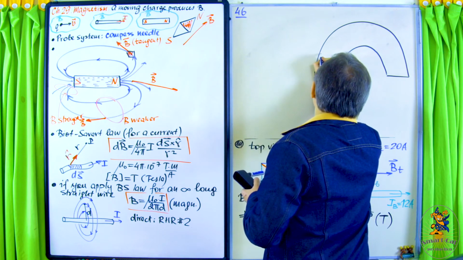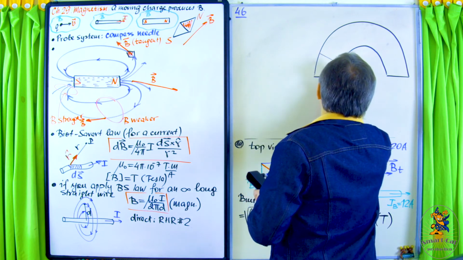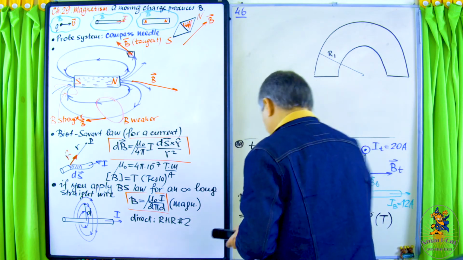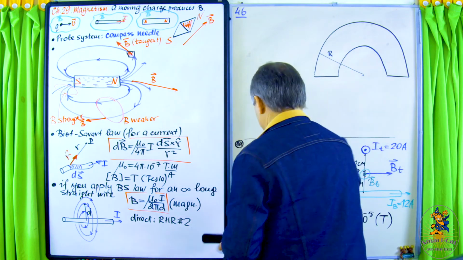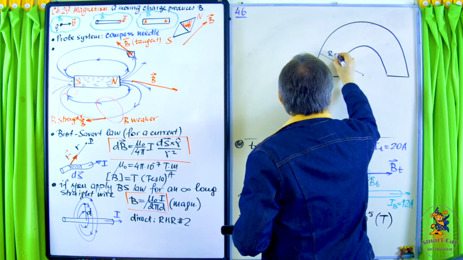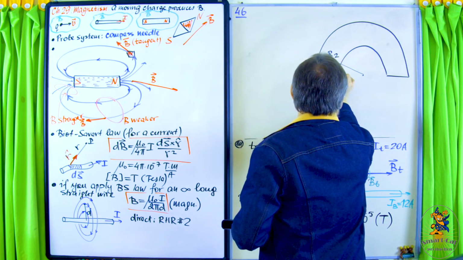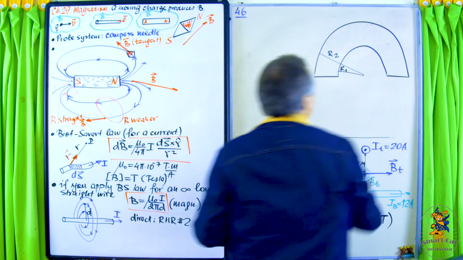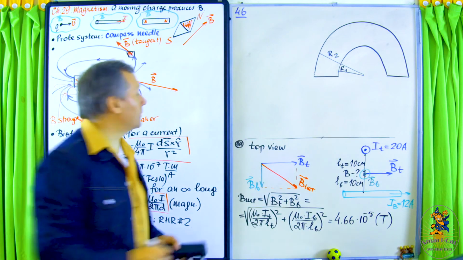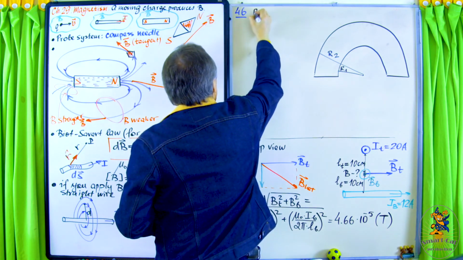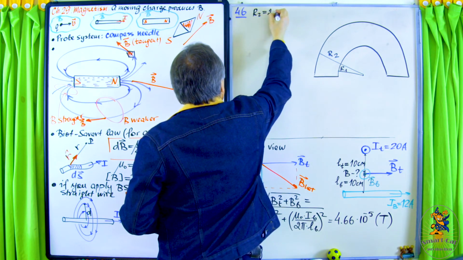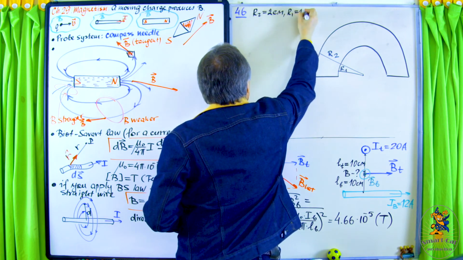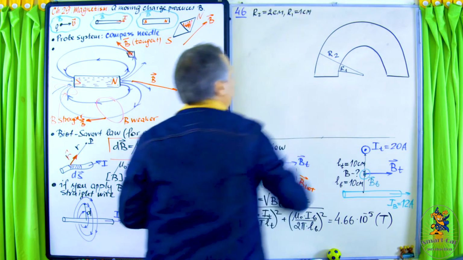Let me label it here. This is R2, sorry, and this is R1. Given R2 equals 2 centimeters and R1 equals 1 centimeter.